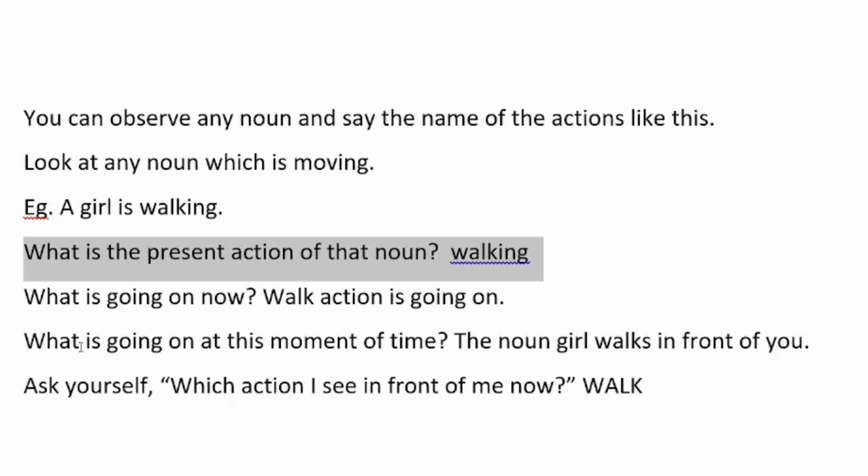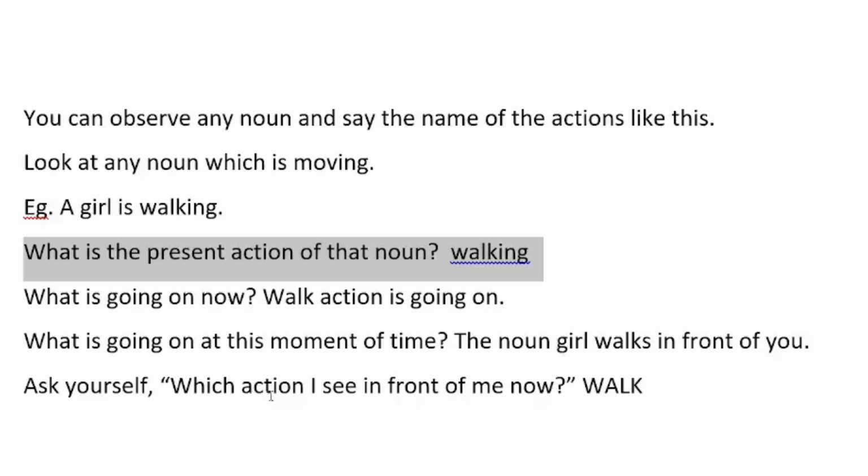So what is happening in front of you? The noun girl walks in front of you. And ask yourself again, what action do I see in front of me now? It is walk. So all these questions you ask yourself when you see a noun moving in front of you, and identify that action word.